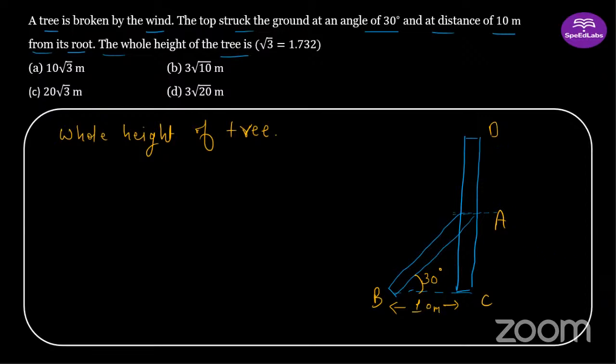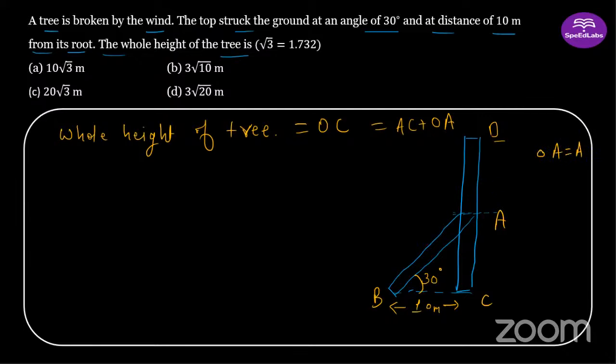Definitely, very nice, Hana. So see what she is telling and how we can do it. We need to find this whole length OC. So we can see here that OC is equal to AC plus OA. Now this particular part OA, because it got broken, is equal to this particular length AB.